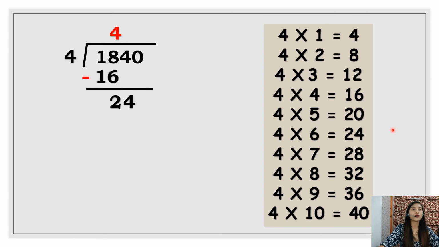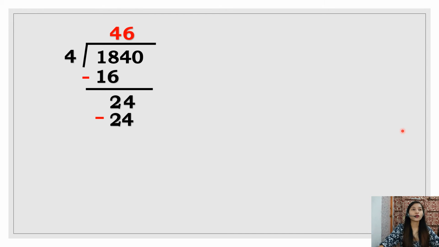Okay, so bring down 4. So next, 24 divided by 4. So, tingin kayo dito sa ating multiplication table. Okay, so the answer is 6. So, 6 times 4 is 24. So, now we simply subtract. 24 minus 24 is 0. And then we bring down the last number, the 0.